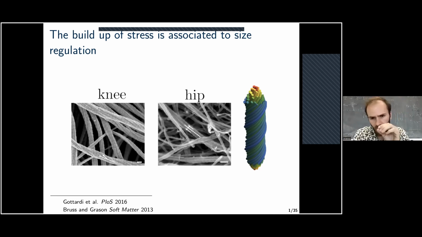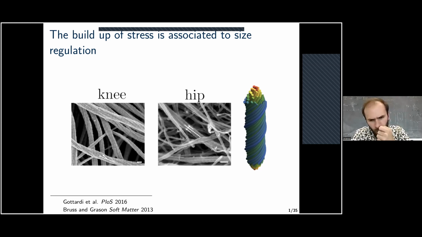As you can see, when you try to assemble these fibers, they have to deform to adapt and pack tightly. That creates some stress, and the color coding you can see here is related to the stress in the bundle. The stress accumulates as the thickness of the bundle grows, and finally limits the aggregation of this type of bundles.